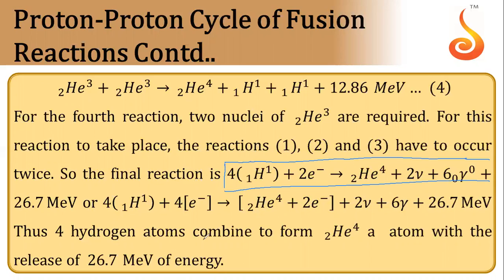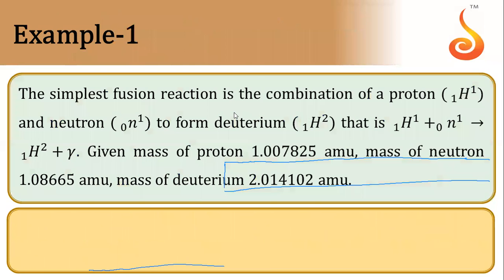So thus 4 hydrogen atoms combine to form a helium nuclei, and it releases 26.7 mega electron volt of energy. So this is your proton-proton cycle, which happens in the sun.